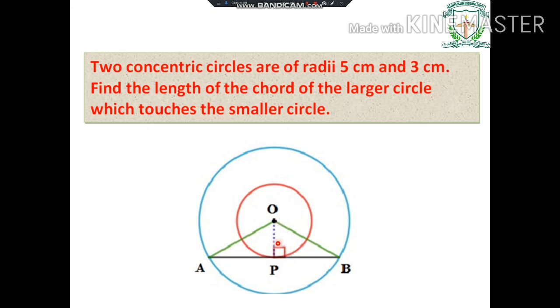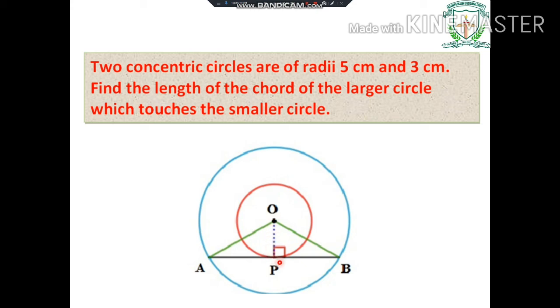So here using Pythagoras theorem in the triangle OPB, you can find OB and OP. OB is the radius of the bigger circle. OP is the radius of the smaller circle. What is OB? OB is 5 centimeter. What is OP? OP is 3 centimeter.